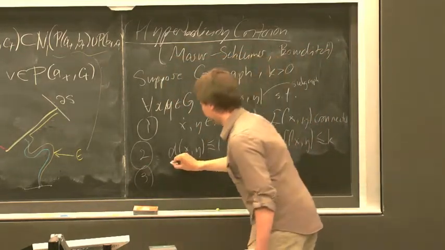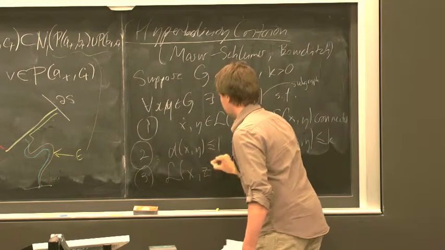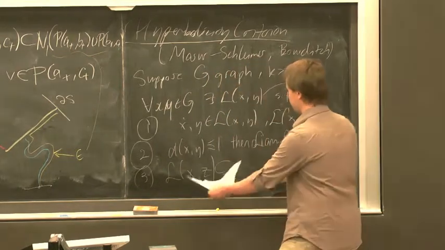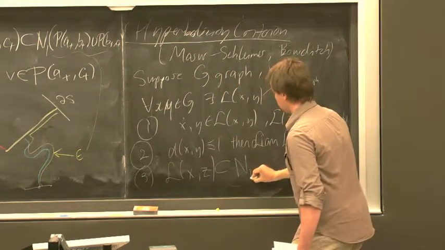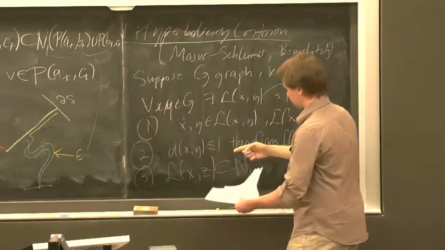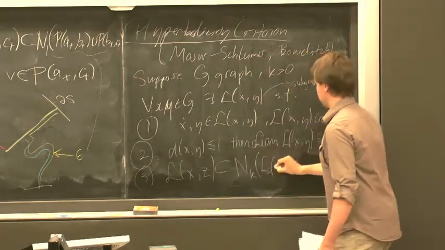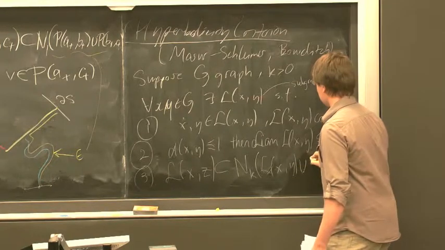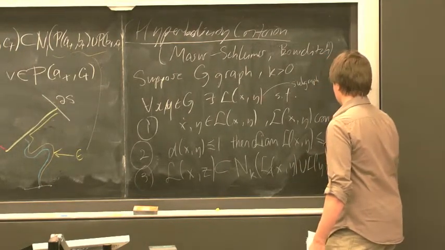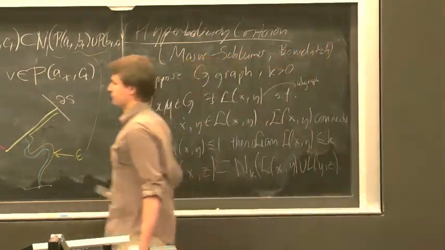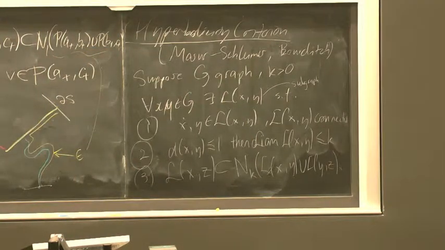And the last condition is you take this connected subgraph between x and z, then there's a condition, slimness. And now I've got no room for the conclusion, so put it over here.